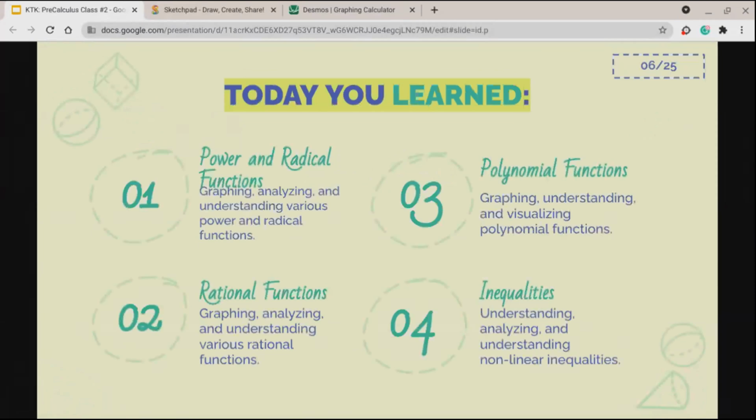Today we learned about power and radical functions, rational functions, polynomial functions, and nonlinear inequalities. We learned how to graph all these types, how to analyze them, the different end behaviors, and the transformations on all these different types of functions. So before we go over the homework for next week, are there any questions at all about what we went over today?